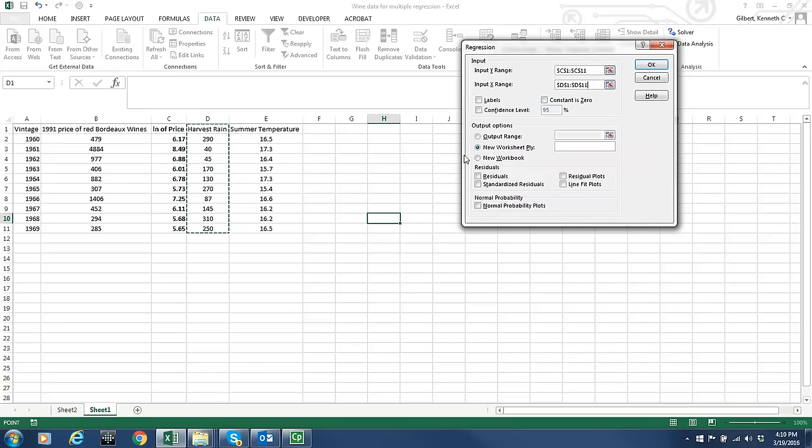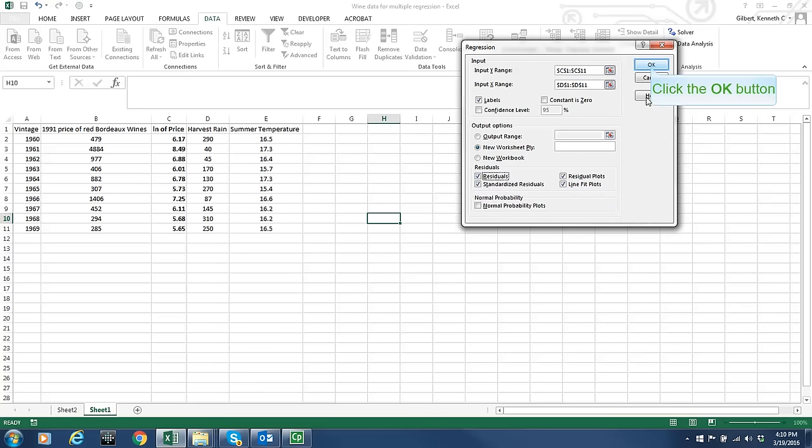The data has labels, and I want to get all of the nice plots and everything, so I'm going to plot the line fit plot, and it'd be okay to look at the residual plot, and let's just do them all.